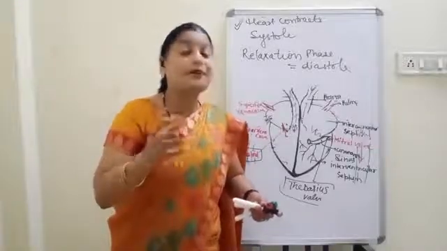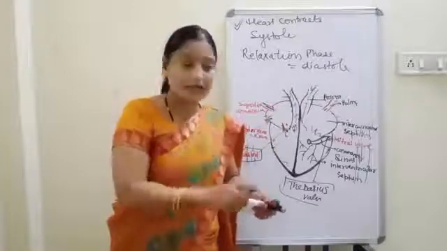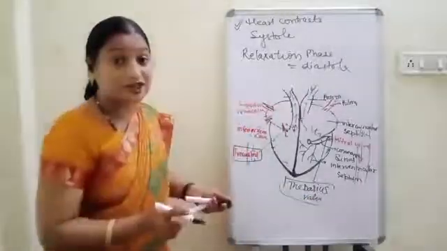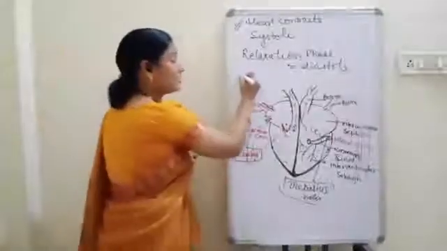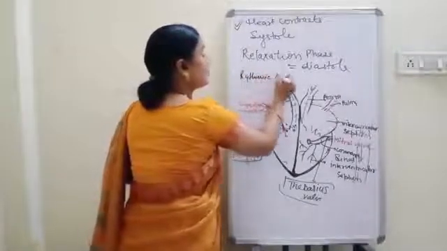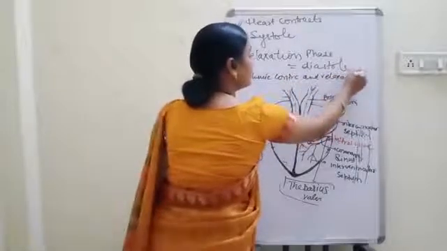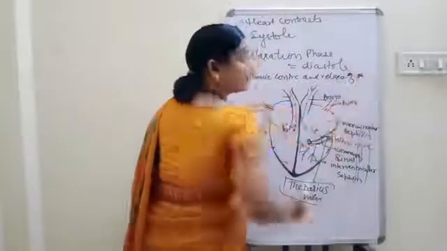And that can be heard easily, and this is called the heartbeat. So, what is the definition of the heartbeat? The definition of the heartbeat is rhythmic contraction and relaxation of the heart.